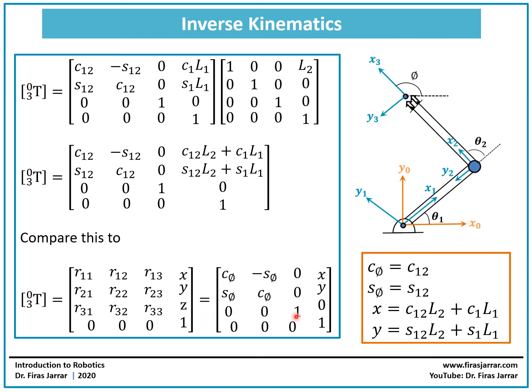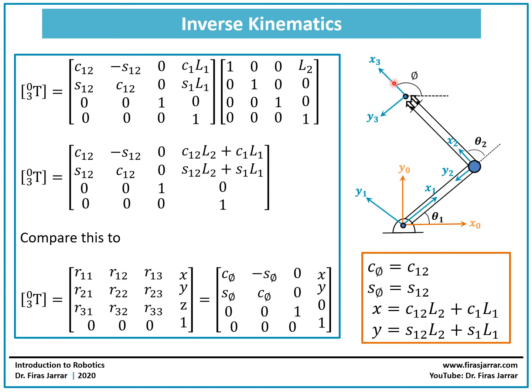The orientation, in this case, is going to be straightforward. It's a rotation about the z-axis. If you compare frame 3 with respect to frame 0 here, we can see that we only have a rotation about the z-axis. So this is why we have the basic rotation matrix about the z-axis by an angle of phi, where phi is from x0 towards x3.